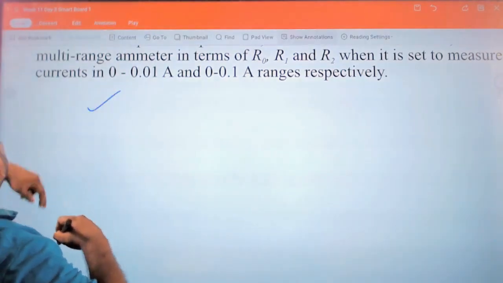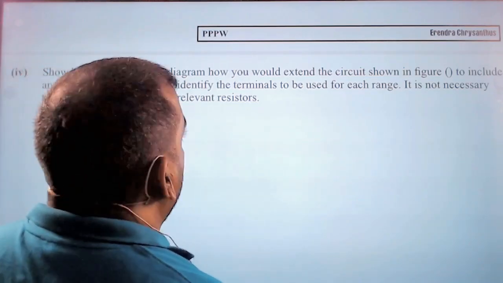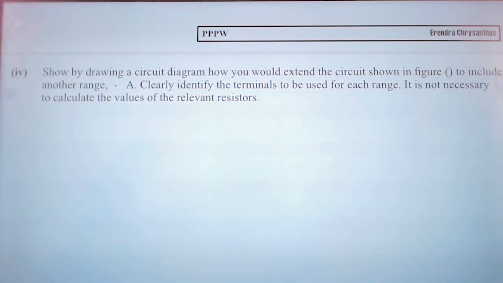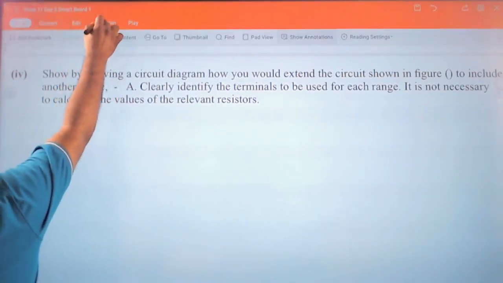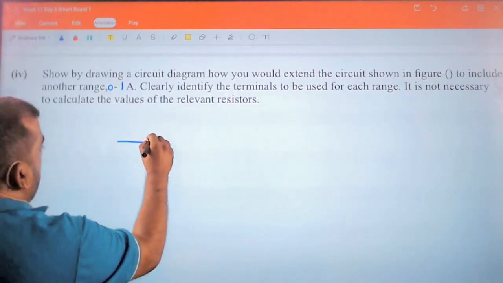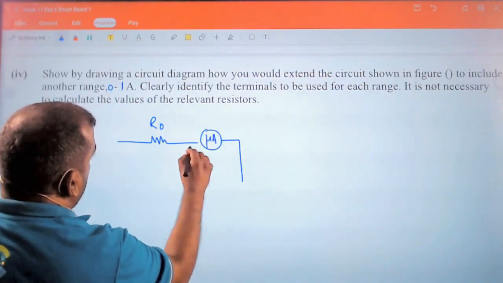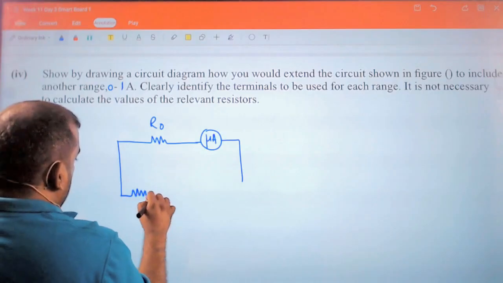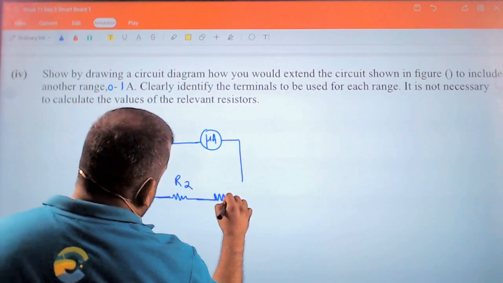Show by drawing a circuit diagram how you would extend this circuit to add another range, 0 to 1 ampere, clearly identifying the terminal. So here R0, microammeter. Here R3, R2, R1.